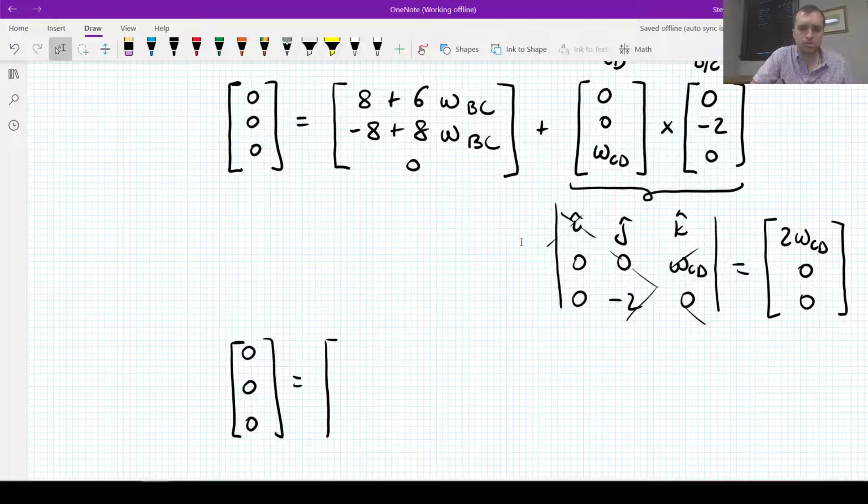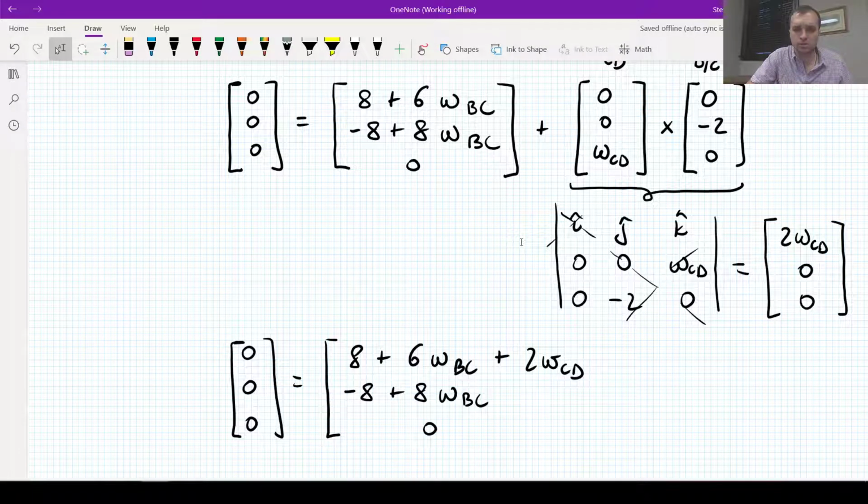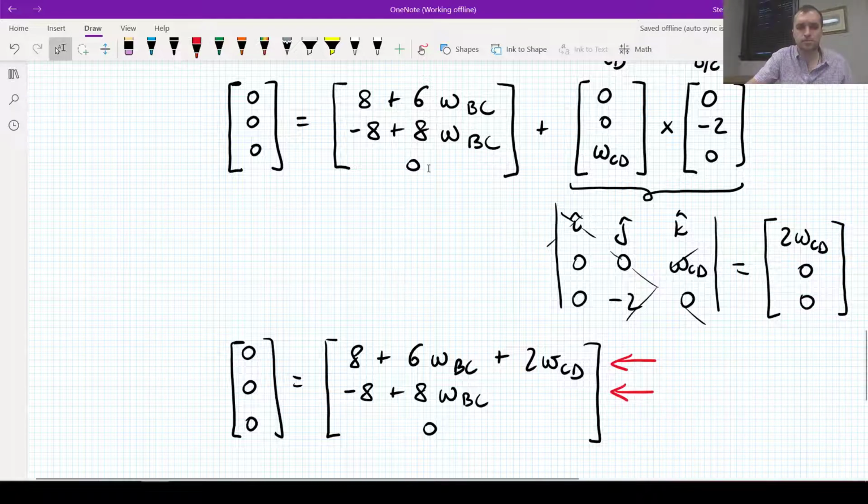Great. So we ended up with 0, 0, 0 equal to 8 plus 6 omega BC plus 2 omega CD, and in here we have minus 8 plus 8 omega BC and 0. Great. So we ended up with two equations and 2 unknowns. Let me double check with my notes if I didn't make any mistake in here.